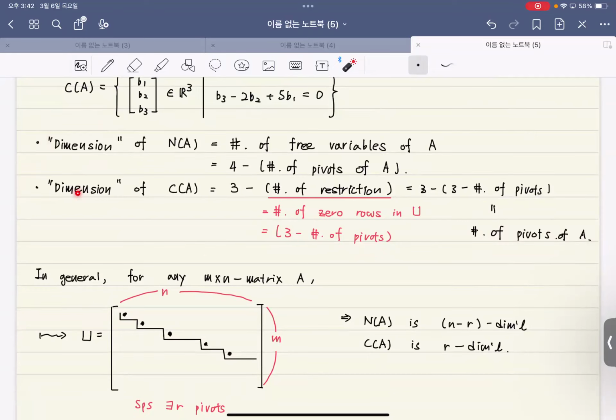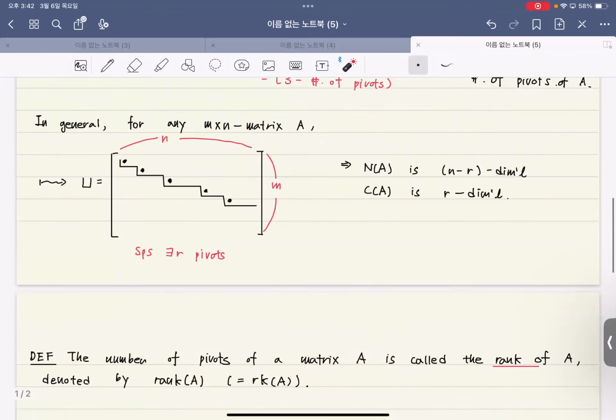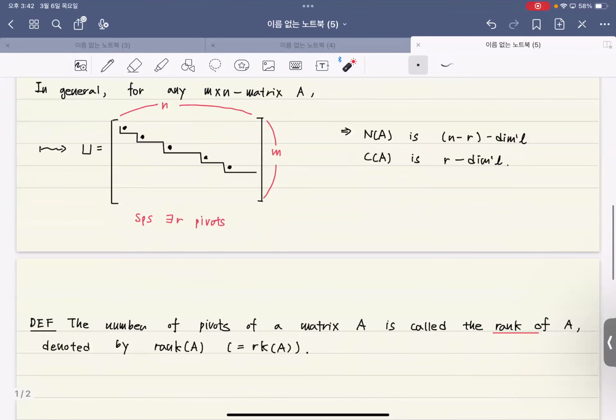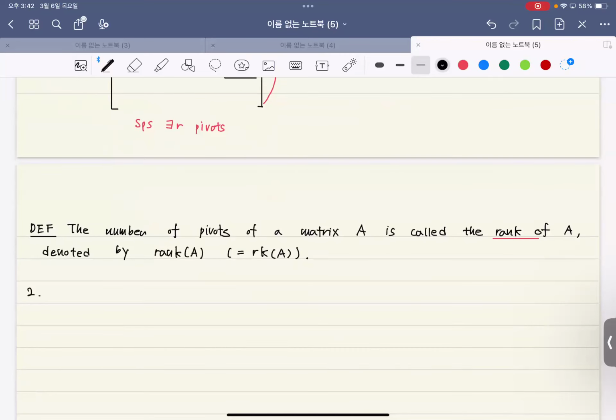So today I'm going to give you the formal definition of the dimension.